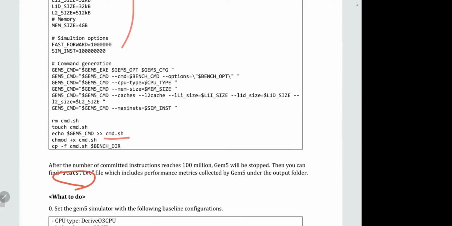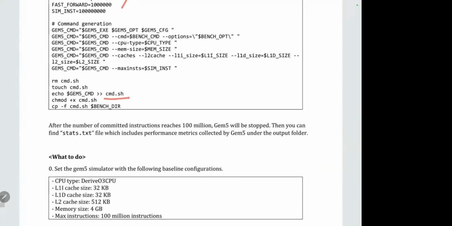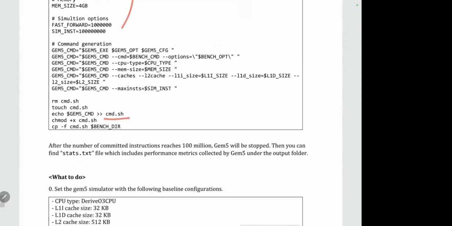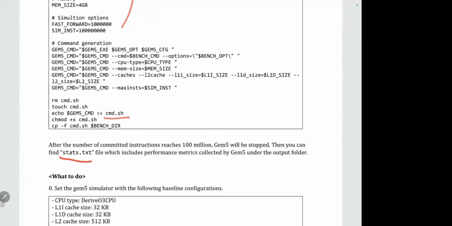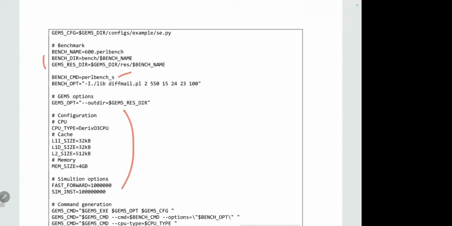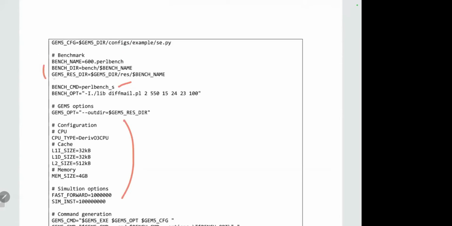This file includes some performance metrics generated by Gem5. You can find this stats.txt file under the Gem5 result directory, which you can also set here. Okay.